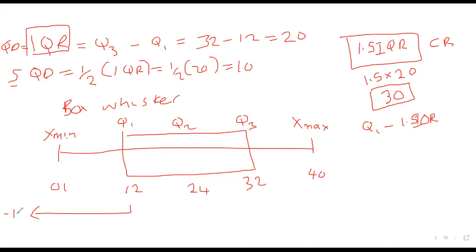Negative 18. So the outliers are below negative 18. And here we add the upper quartile plus 1.5 IQR. So 32 plus 30, you get 62. Good.